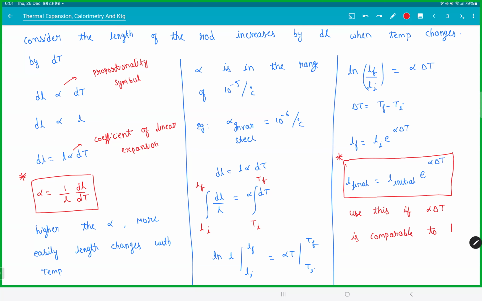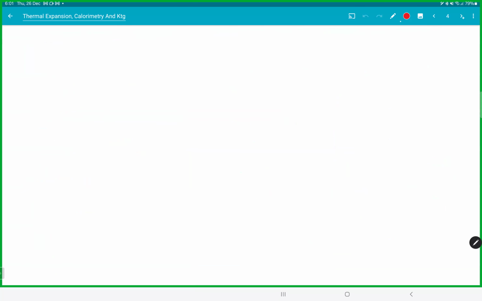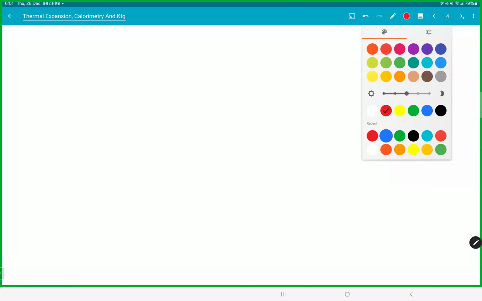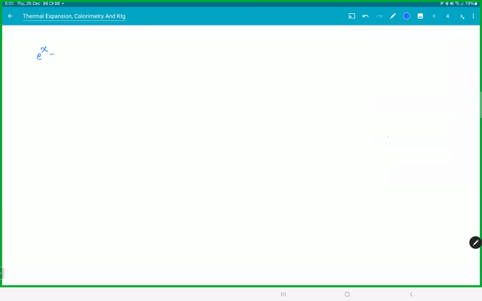Clear with this? Then, if you go a little mathematically, look at the e power x series. e power x can be written as 1 plus x by 1 factorial plus x squared by 2 factorial plus x cubed by 3 factorial and so on. This is an exponential series. So e power alpha delta T will become 1 plus alpha delta T plus (alpha delta T) squared by 2 factorial and so on.